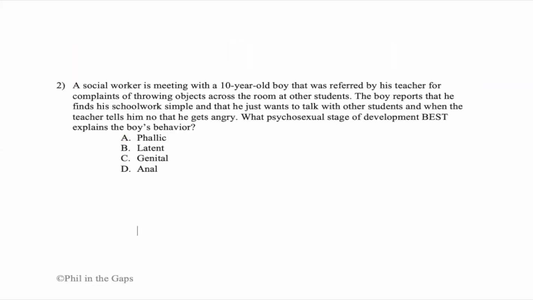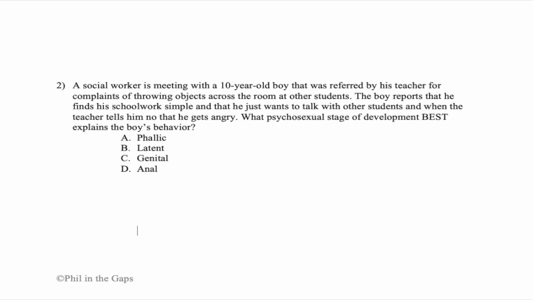Question 2. A social worker is meeting with a 10-year-old boy that was referred by his teacher for complaints of throwing objects across the room at other students. The boy reports that he finds his schoolwork simple and that he just wants to talk with other students. And when the teacher tells him no, he gets angry.